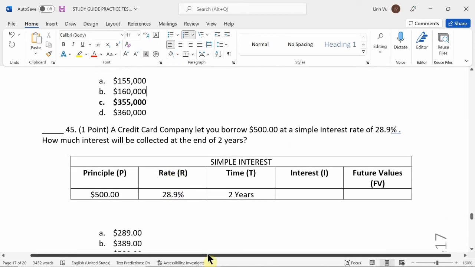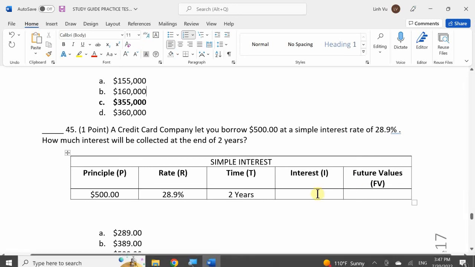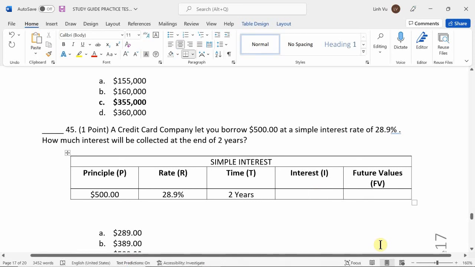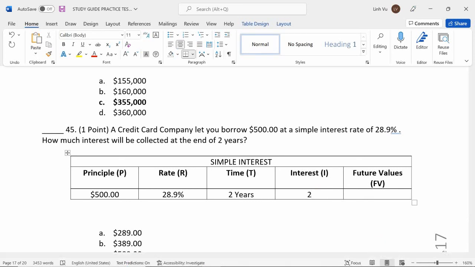So question number 45, okay? A credit card company is, okay, let you borrow $500,000 with a simple interest rate of 28.9%, okay? How much interest will be collected at the end of 2 years? $289. $289?